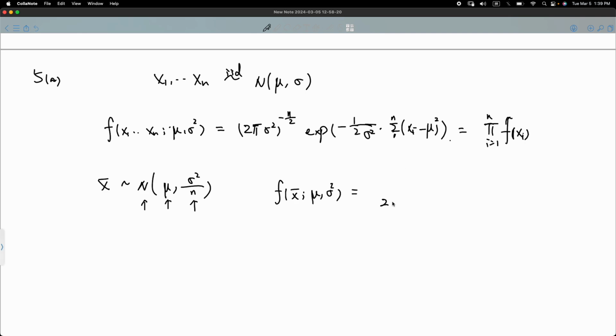It has the following distribution formulation. Again, 2 pi times the variance, sigma square over n. And here we only have one copy, so it's to the power of negative 1 over 2.